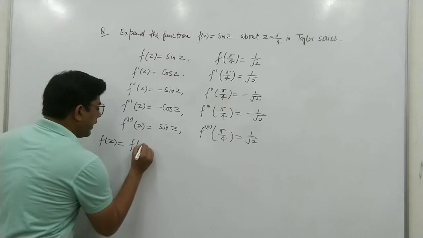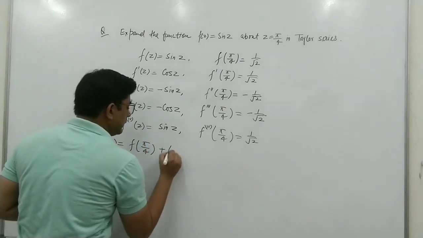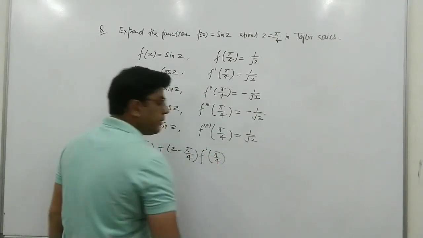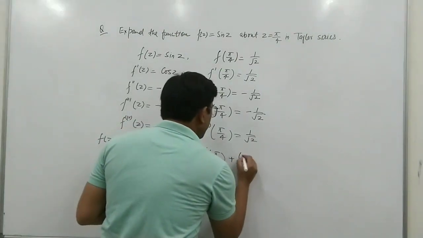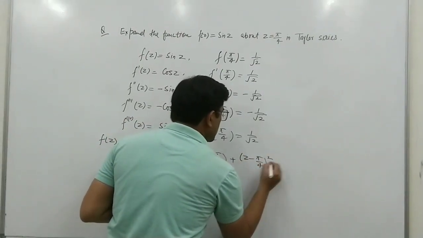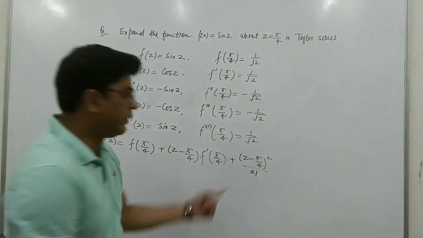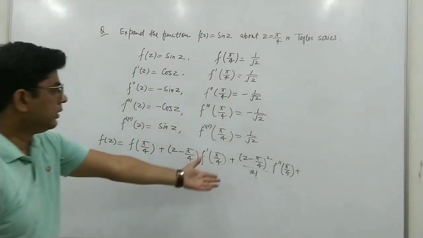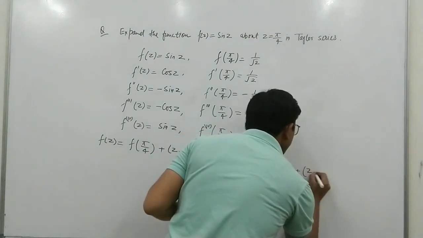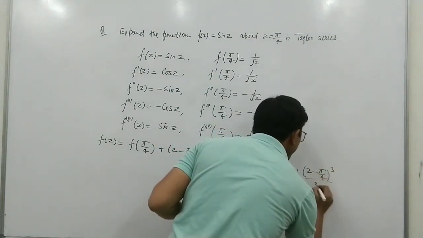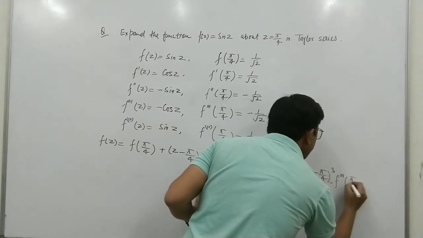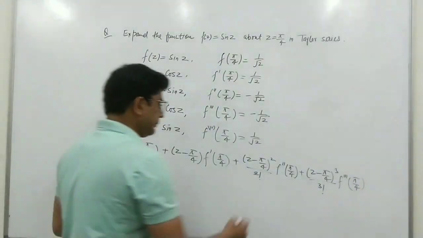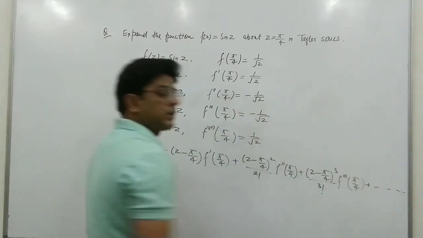So f(z) should be equal to f(pi by 4) plus (z minus pi by 4) f'(pi by 4) plus (z minus pi by 4) squared upon 2 factorial f''(pi by 4) plus, now we will take the cubic term, (z minus pi by 4) to the power 3 upon 3 factorial f'''(pi by 4), and similarly we can write the next term for power 4 and so on.